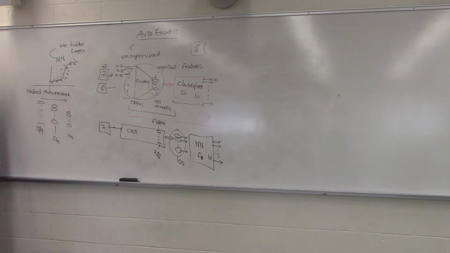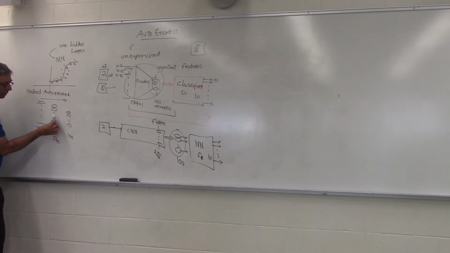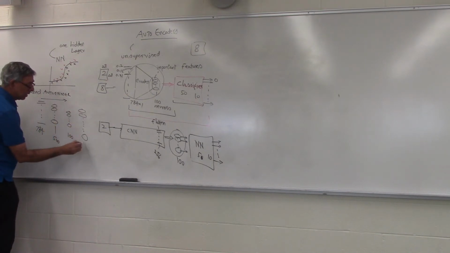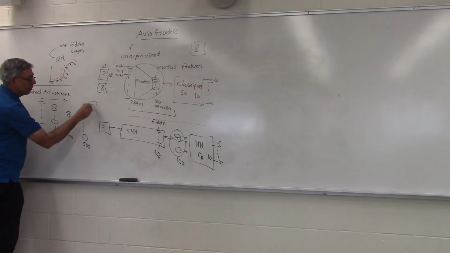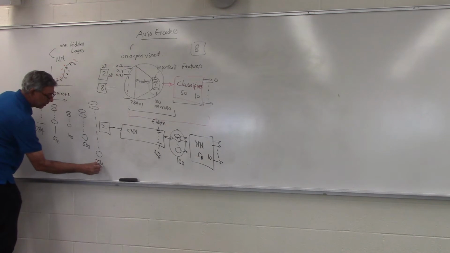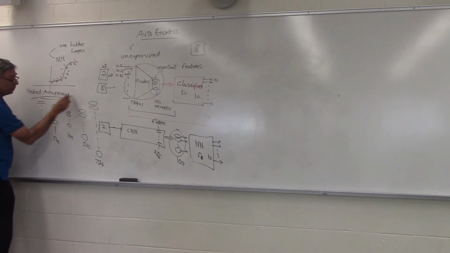Then during training, like I said, we'll do the reverse. From 500, as we go to 100, we'll go to 500, and then we'll go to 784. So let's briefly talk about how we will train it.